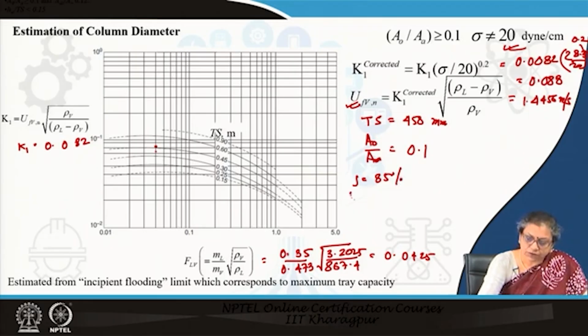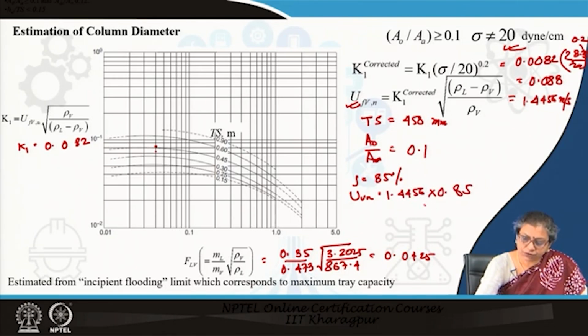Once we have assumed that, we can find out UVN. It is going to be 1.4456 into 0.85, which gives you 1.23 meters per second. Once this has been calculated, you can find out the net area.